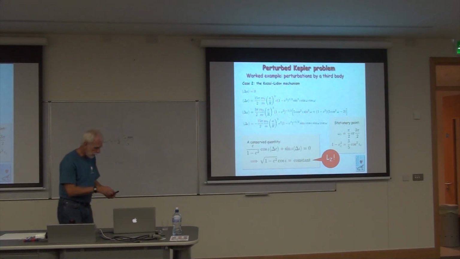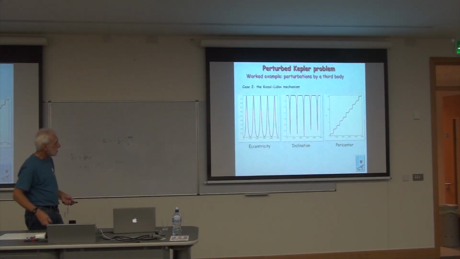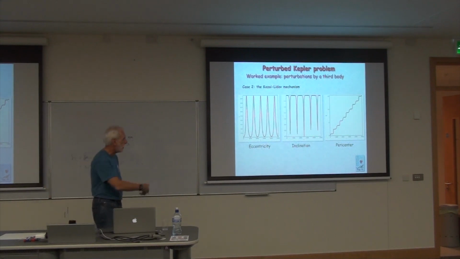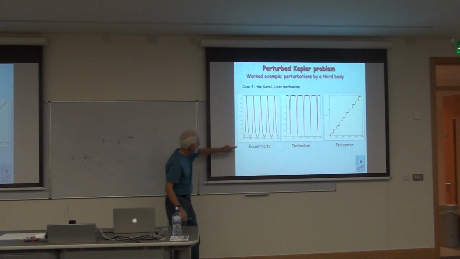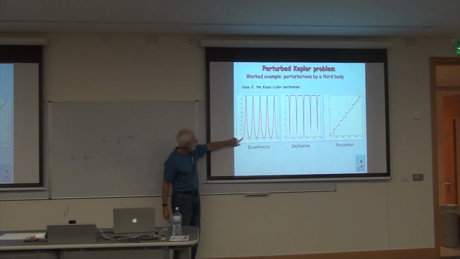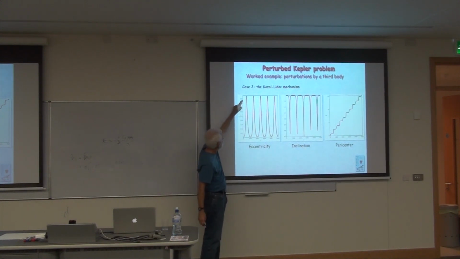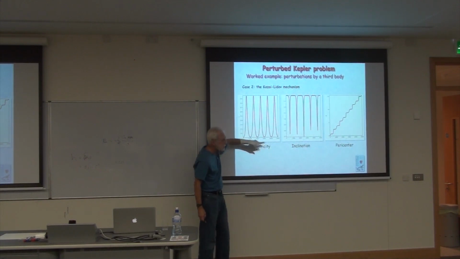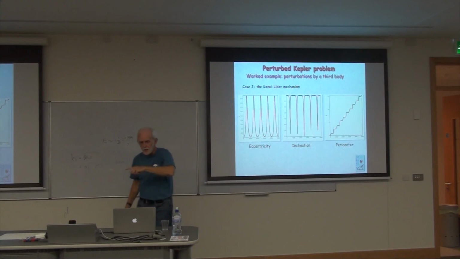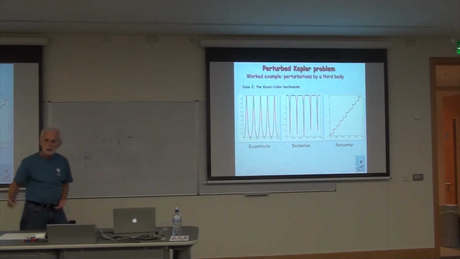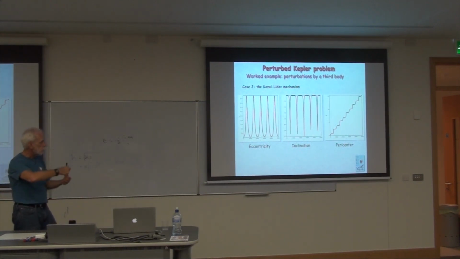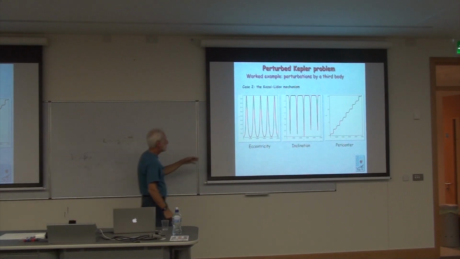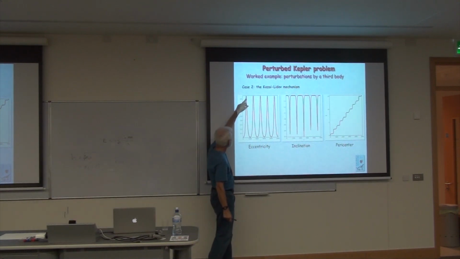And just to give you a quick example of what this might look like, here's a simple plot. I don't even remember what the parameters were. Here's the eccentricity starting from a very, very small value, going up to 0.97, and then just oscillating back and forth. This is on a long time scale. It's a time scale determined by the mass of the third body, the separation of the third body, and so on. So it's long compared to the orbital period.